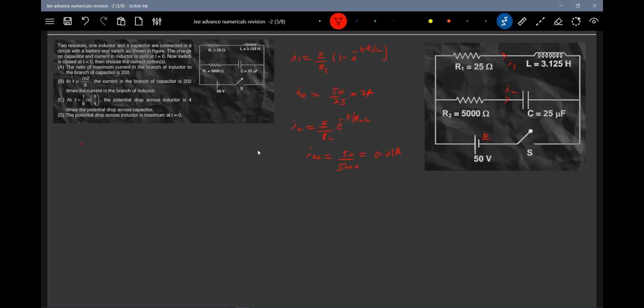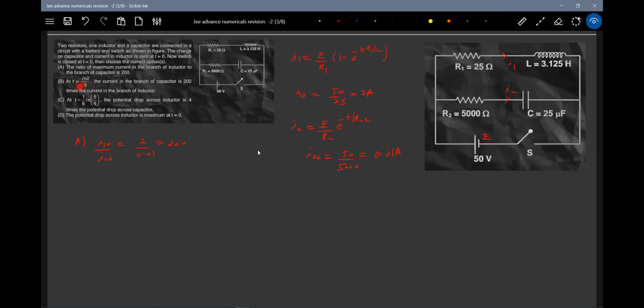I1 naught by I2 naught, the first option is 200. Okay, that's option A. Option B, at T equal to log 2 by 8, the current in the branch of capacitor is 200 times the current in the branch of inductor.